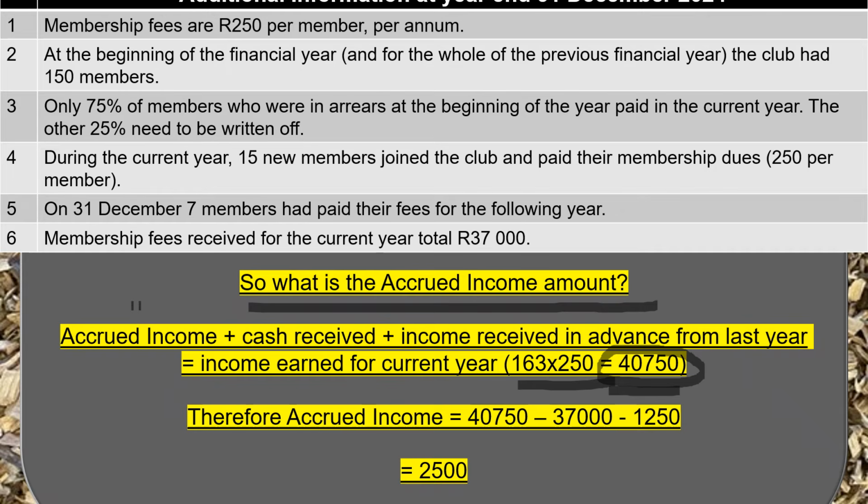So whatever we've earned in the current year, we need to record as income to truly reflect the membership fees income amount.